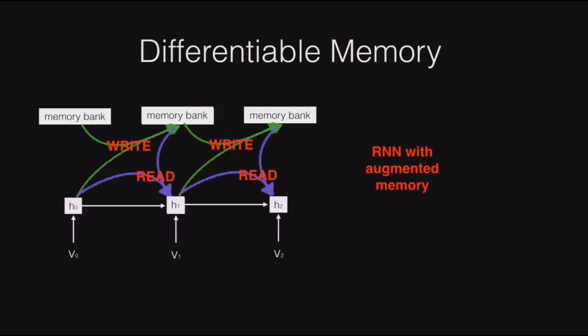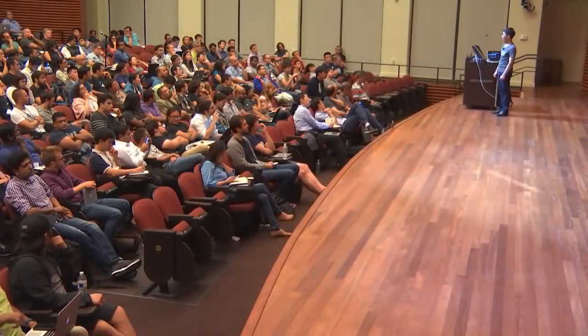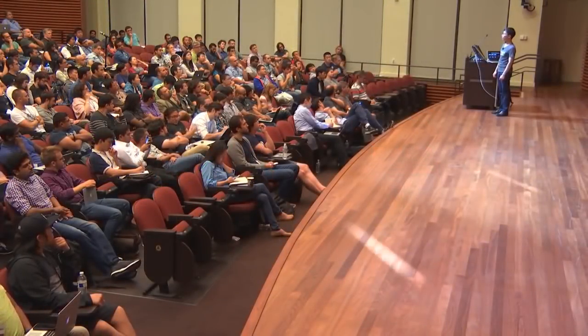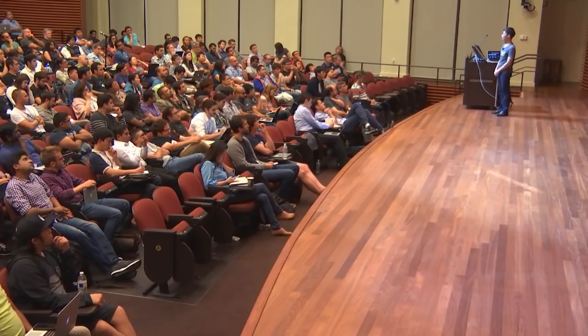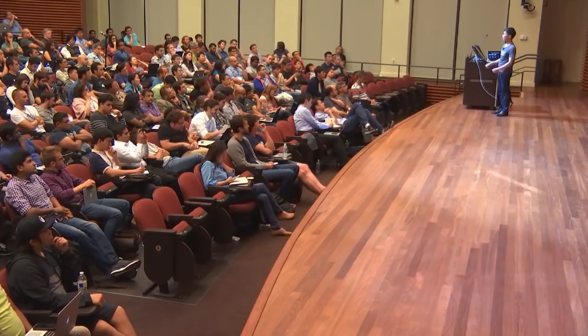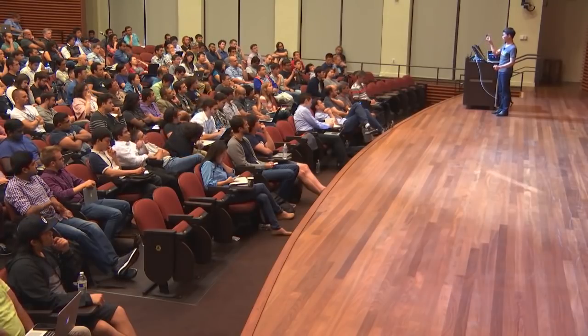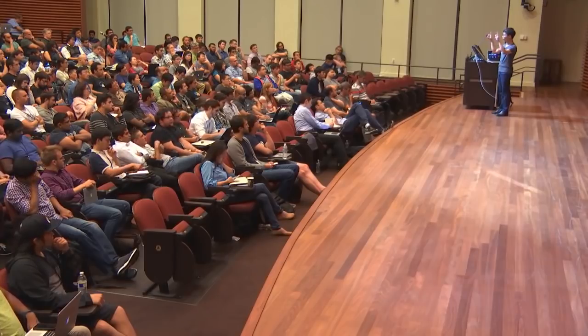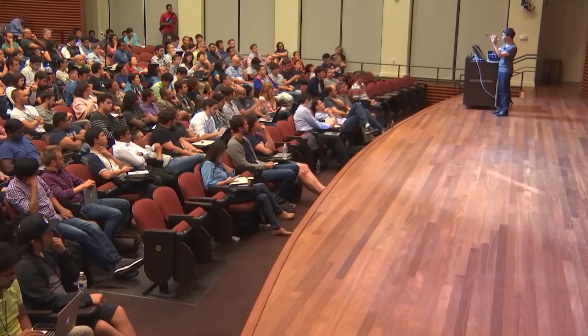Any question? The question is, when you read, do you read the entire memory bank? A lot of these algorithms use soft attention, so yes, it looks at the entire memory. You can actually predict where to look and then read only that block.